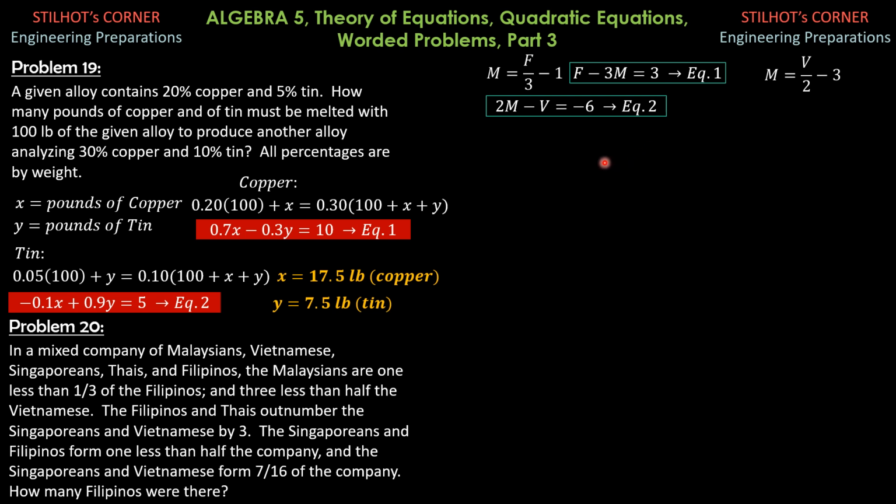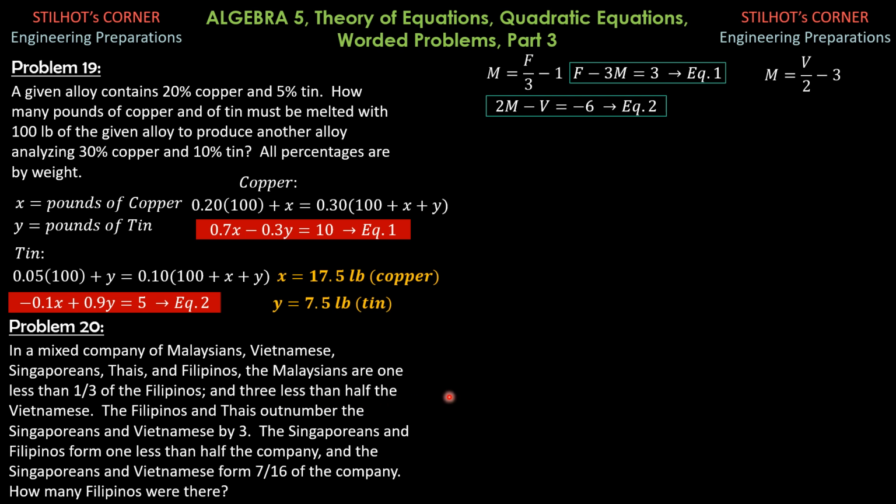Then for the next statement, the Filipinos and Thais outnumber the Singaporeans and Vietnamese. Meaning the combined number of Filipinos and Thais is greater than the combined number of Singaporeans and Vietnamese by 3. So for them to be equal, F plus T equals S plus V plus 3.